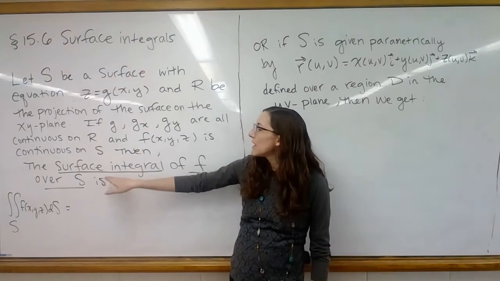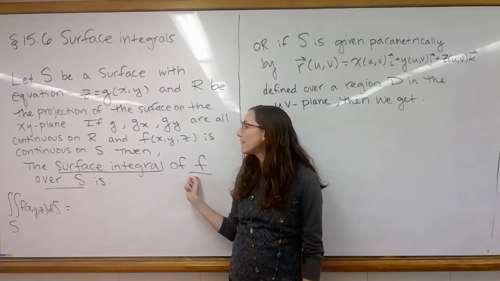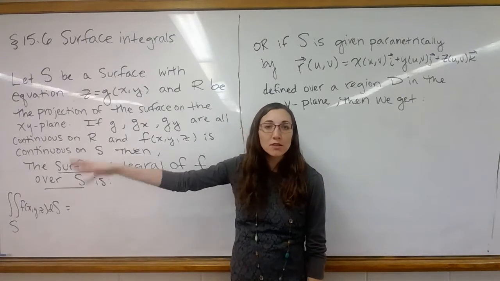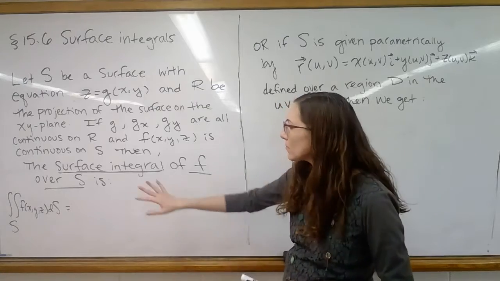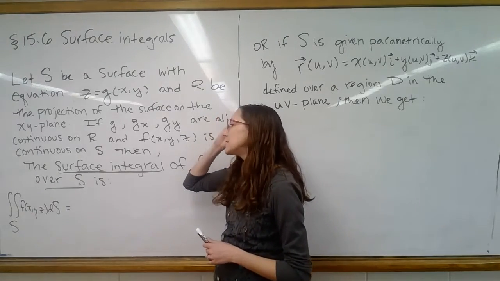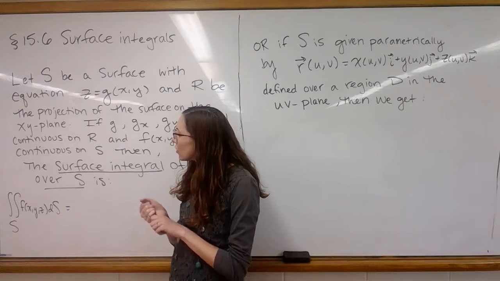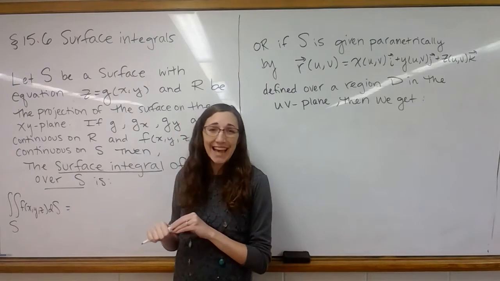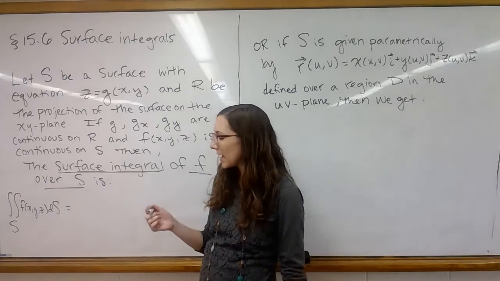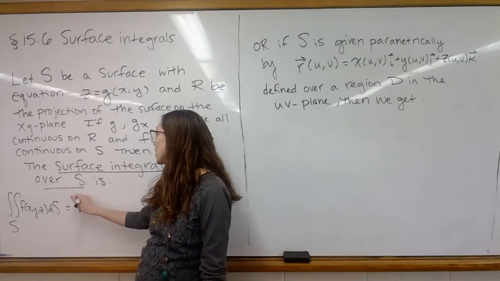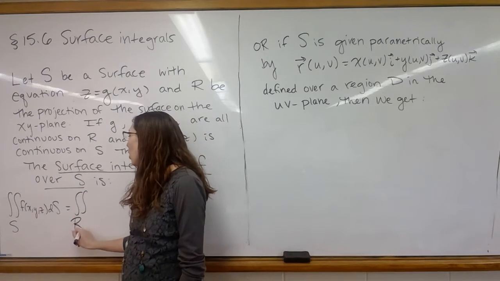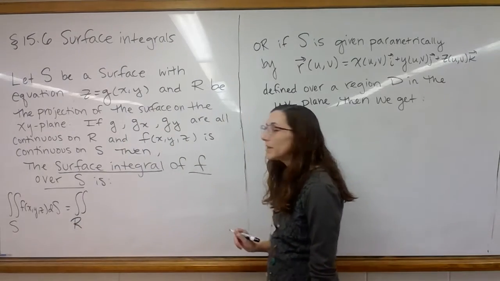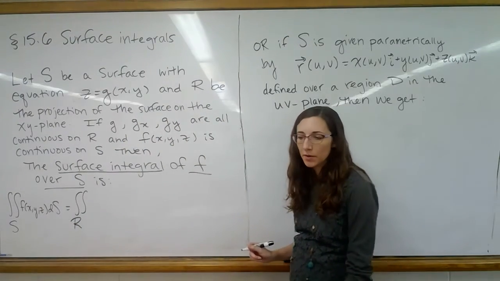Then what we're doing is the surface integral of my function f over S. So we're integrating the function over the surface. This is the original setup we're going to have: a double integral over S of f dS, so over the surface S. And then the way we're actually going to compute this is we're going to convert it to a double integral over R. So this is going to be a dA integral, a classic double integral.